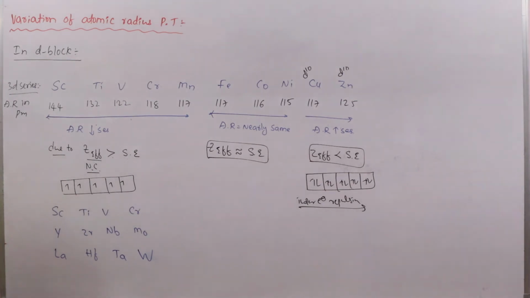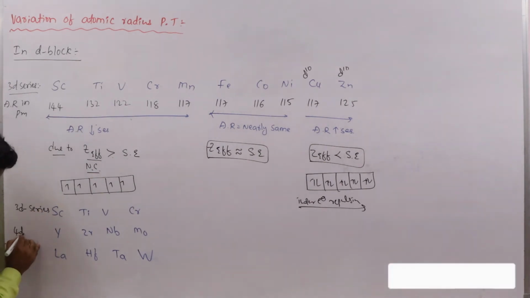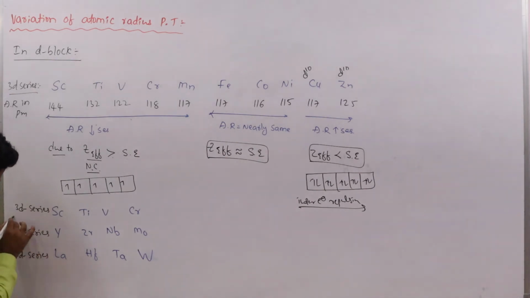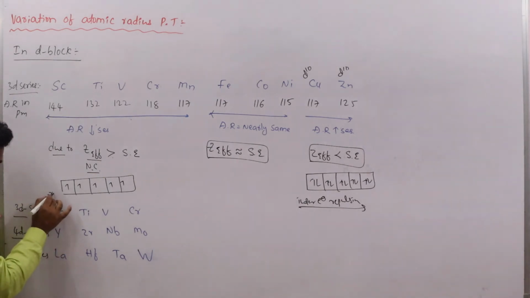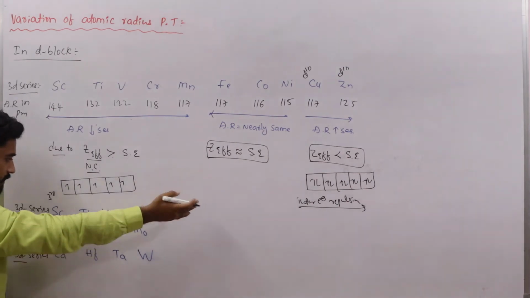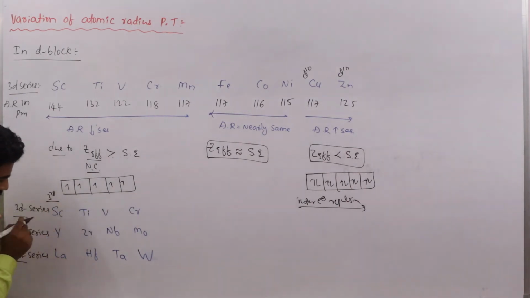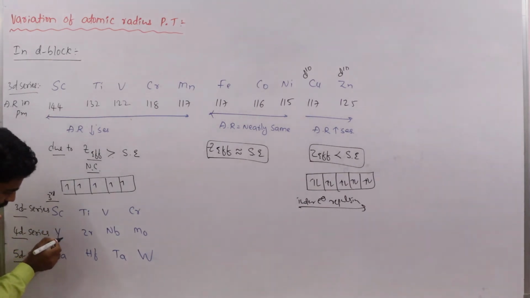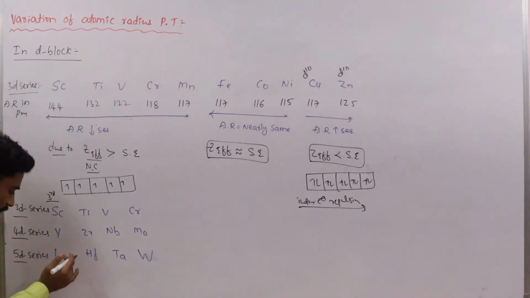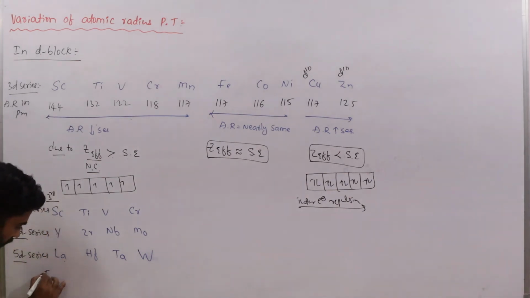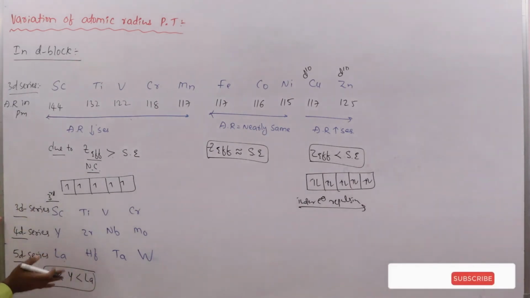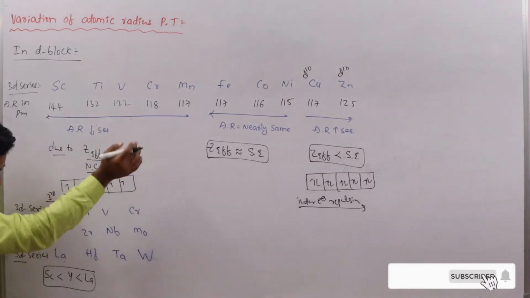Here this is the 3D series, this one is the 4D series, this one is the 5D series. This is the third group, fourth group, fifth group and sixth group, then seventh, eighth, like that it will come. When you observe this group, from scandium to yttrium and lanthanum, atomic radius increases group wise.